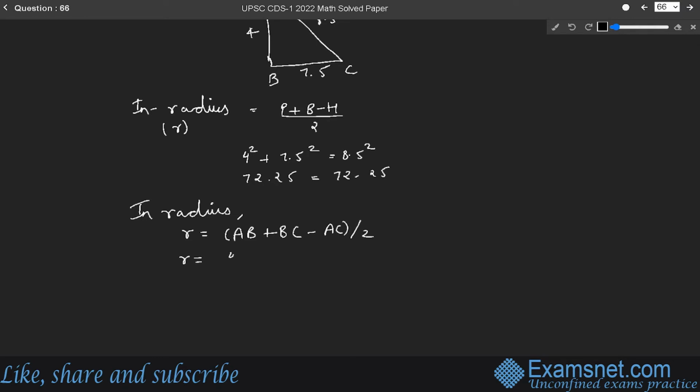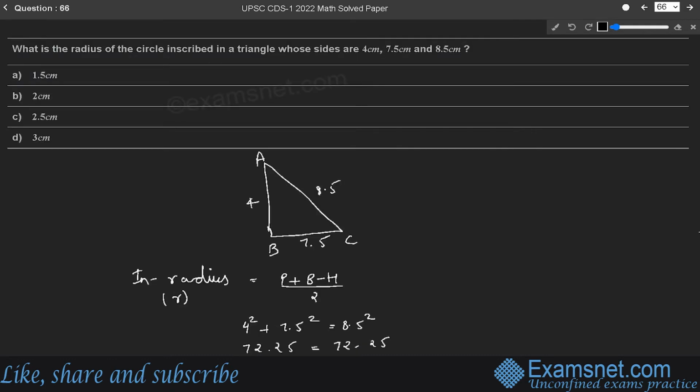Therefore, R is equal to 4 plus 7.5 minus 8.5 upon 2. Therefore, R is equal to 3 by 2, which gives 1.5. We can say that the radius of the inscribed circle is 1.5 centimeter. So the correct option for this question is option A, 1.5. I hope this question is clear to you.